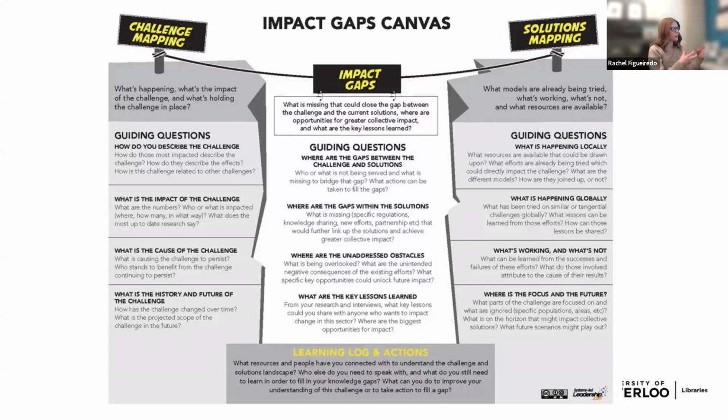But if you really want to understand a challenge, you might start considering not just what's happening around that challenge or problem right now, but what has kept this in place historically, or where this problem started. When did we start trying to come up with solutions for this particular problem? These are guiding questions to help you think about how you're going to research into this topic and make sense of this particular thing.